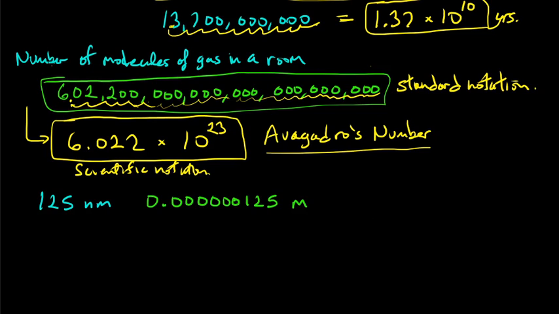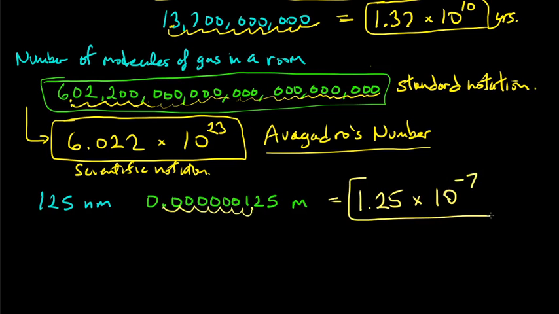Well, so how would we write that in scientific notation? So we want to move the decimal, this time going the other way. We're going to move it to the right until we get the 1 in front of the decimal. So this will be 1.25 times 10 to what power? Okay, so we're moving the decimal, let's see, 1, 2, 3, 4, 5, 6, 7 times. So it's not 10 to the 7, it's 10 to the negative 7, right?